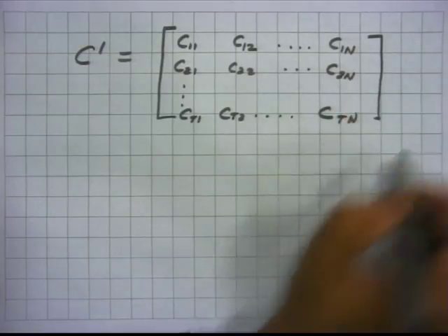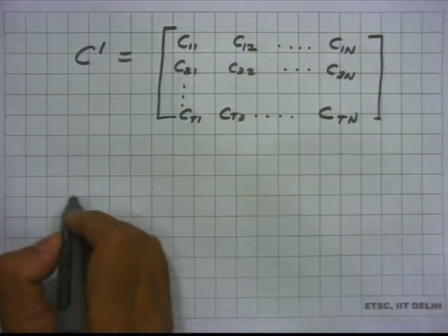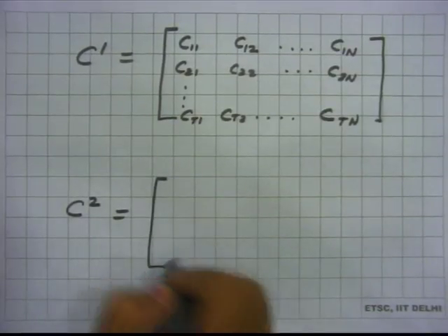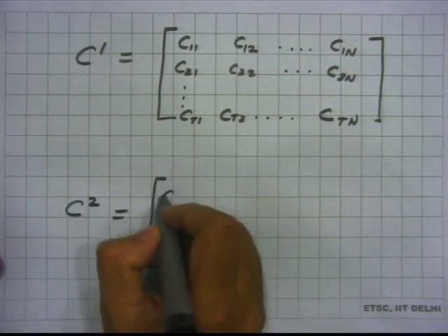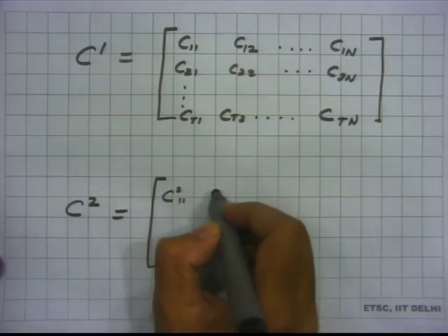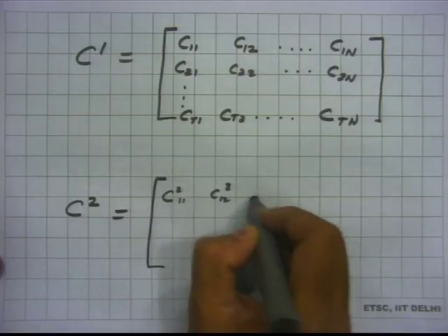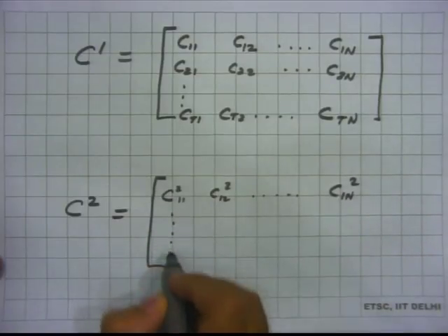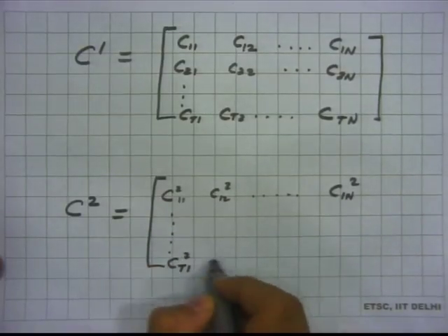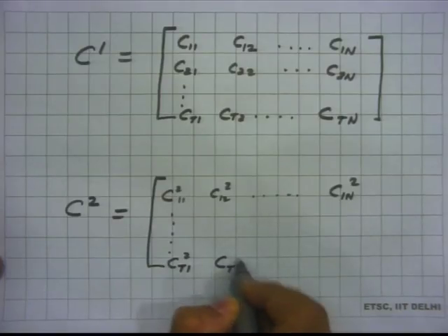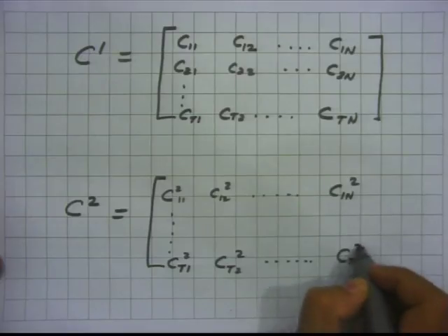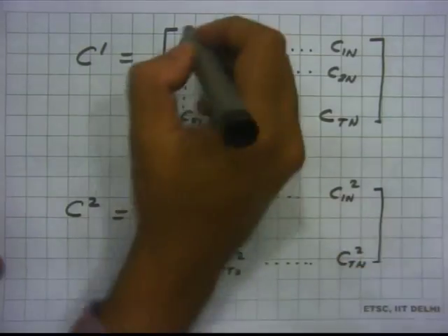This one was transmitted, but what we received is C2. So, we can differentiate it as C2 11 and so forth, as opposed to what was sent.